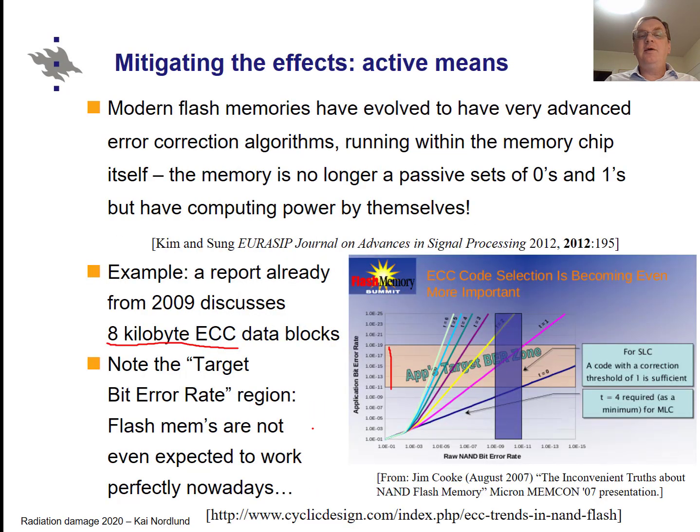So this was a brief introduction to one thing which is maybe the commercially most important radiation effect, which is routinely corrected against. So it's actually a very important thing, and it's something all of us use all the time, when we use mobile phones and flash memories or computers.